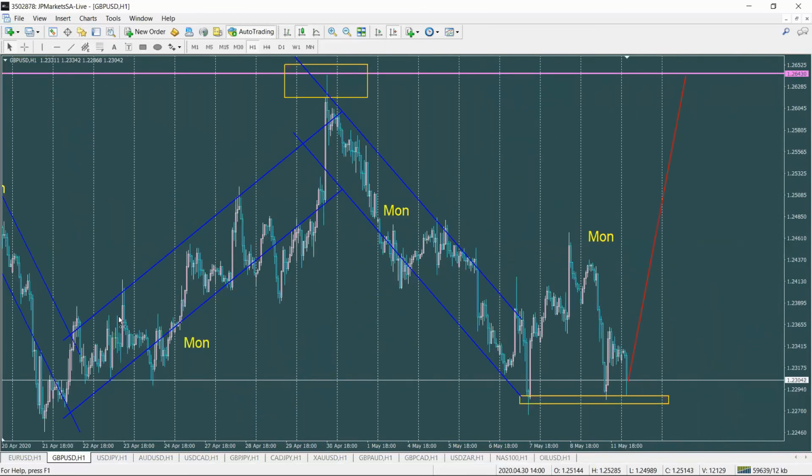So I believe that it keeps on creating that thing, each and every week it changes the direction. So I believe that this week it's now the upward trend, which hopefully it will happen.